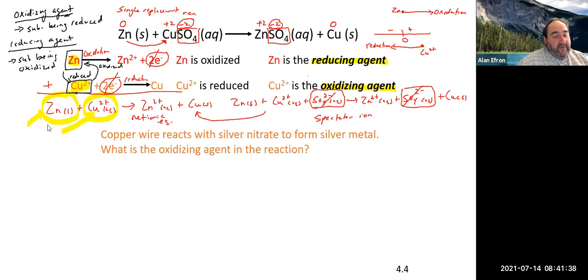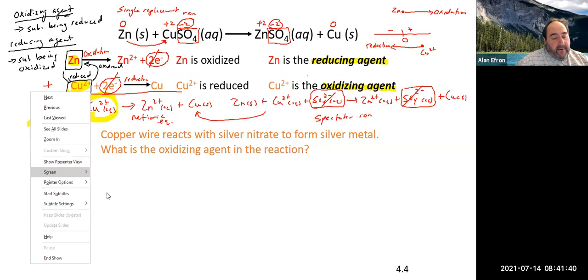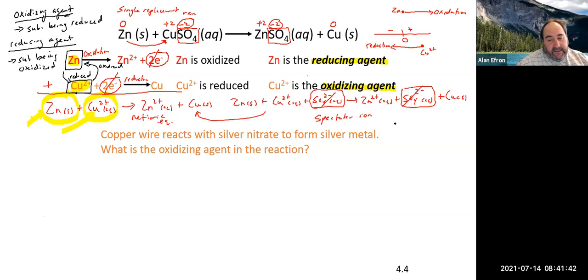If you just write, for example, that the oxidizing agent is copper with no charge, that would be implying that it is this guy, and that would be technically incorrect, because it is really this copper with the +2 charge that is actually being reduced and is the oxidizing agent. So you do want to be specific when identifying the oxidizing agent and reducing agent.